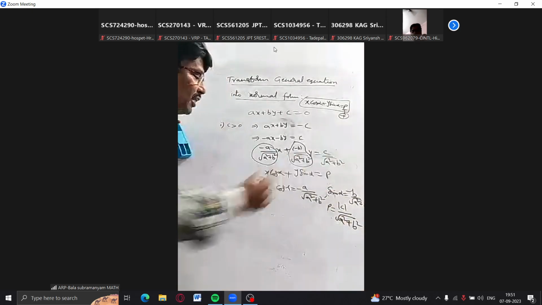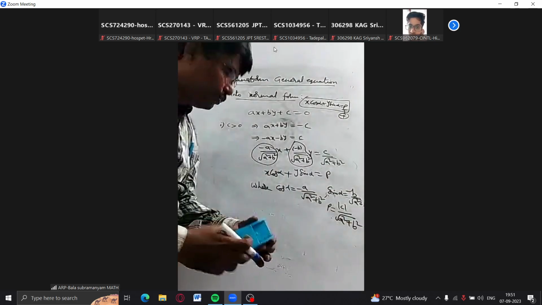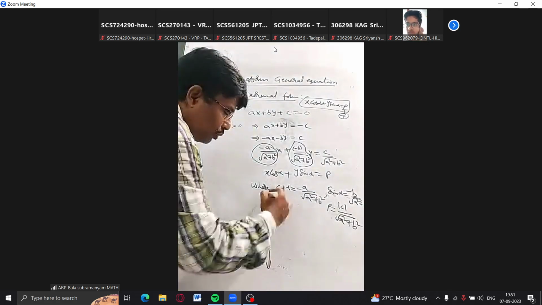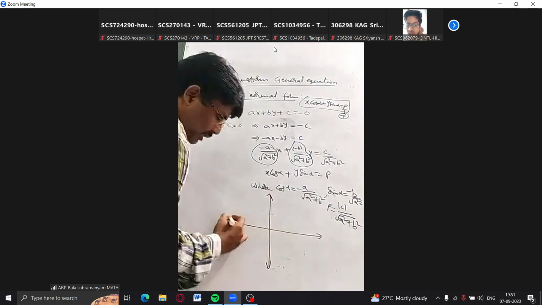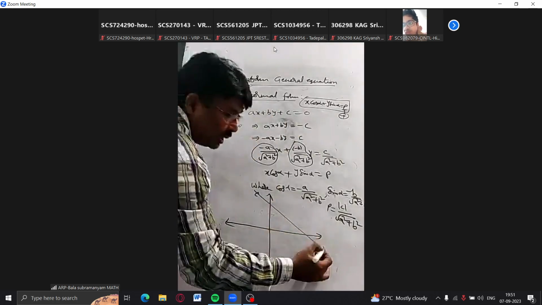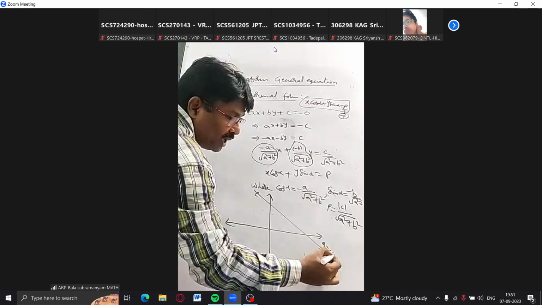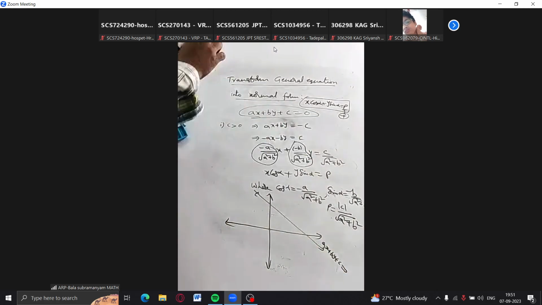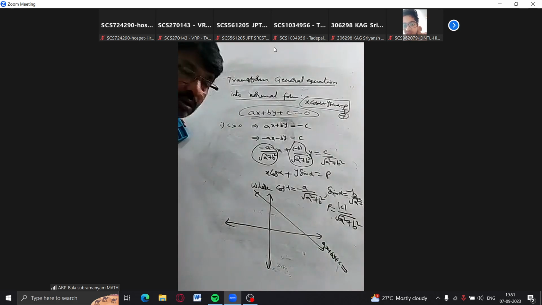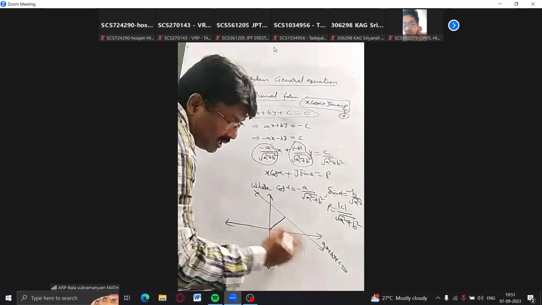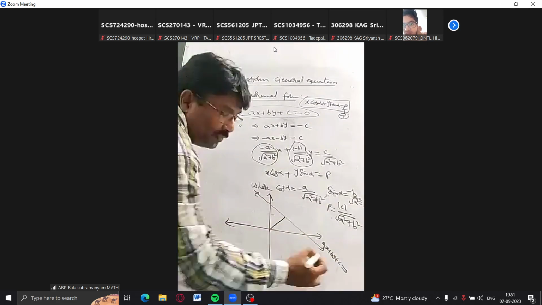Why divide with root of a square plus b square? First of all, prove that one. See the proof of the normal form once. Here, consider the line equation ax plus by plus c is equal to 0. This can be converted into intercept form.